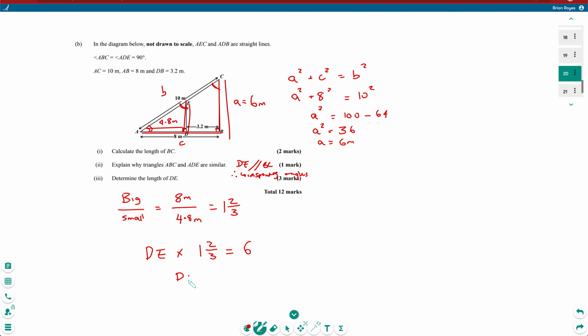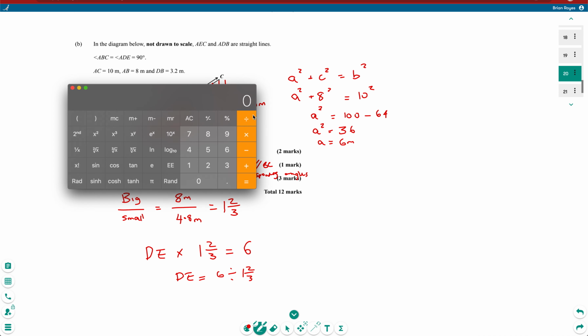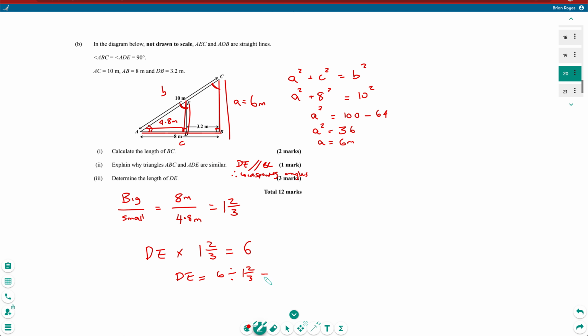So DE is going to simply be 6 divided by 1.666, or 1 2/3. If I put that into my calculator, we're going to say 6 divided by 1.666, and that's 3.6. DE is equal to 3.6 meters, and it makes sense that it should be smaller than that big length.